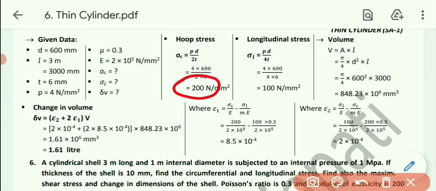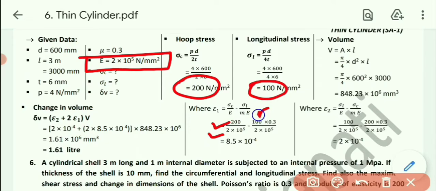Sorry, we have calculated this one. Sigma c, that is 200 divided by E, that is the modulus of elasticity of steel, that is 2 into 10 raised to 5, minus sigma L, that is 100. Let's put down over here 100 divided by E, E stands for again 2 into 10 raised to 5, and 1 upon m, that stands for mu, that is Poisson's ratio.